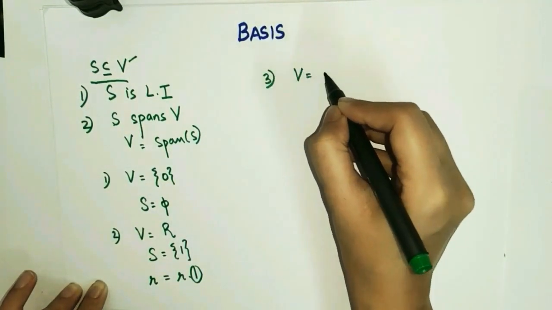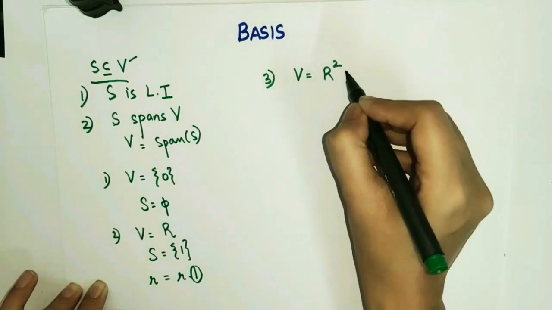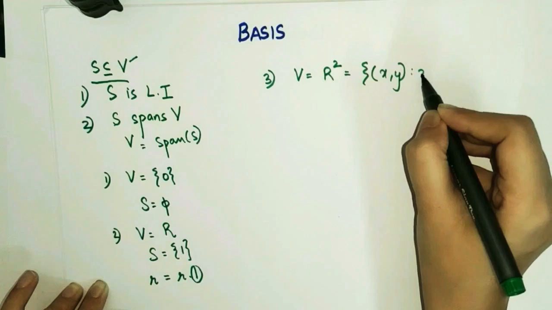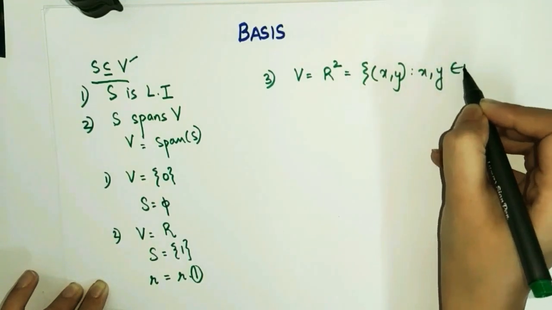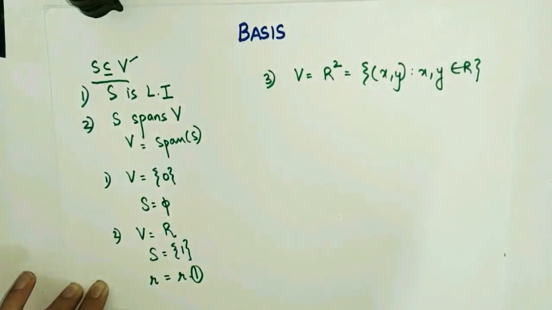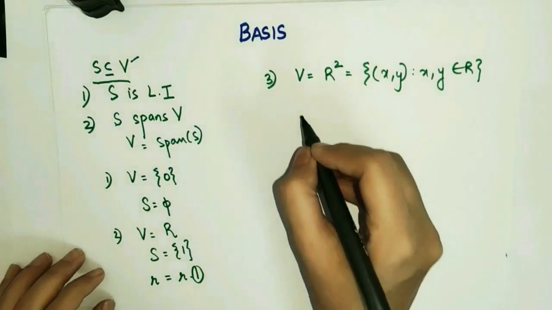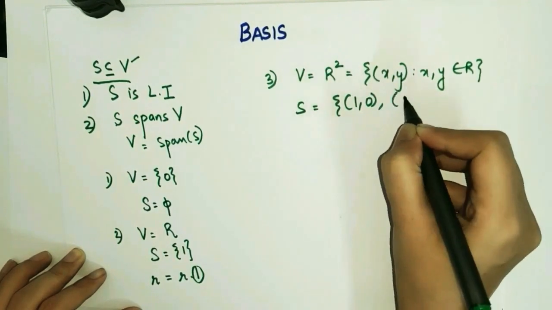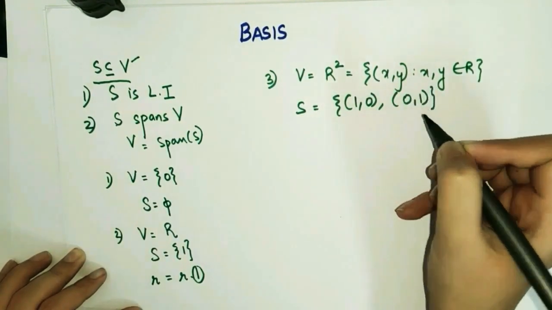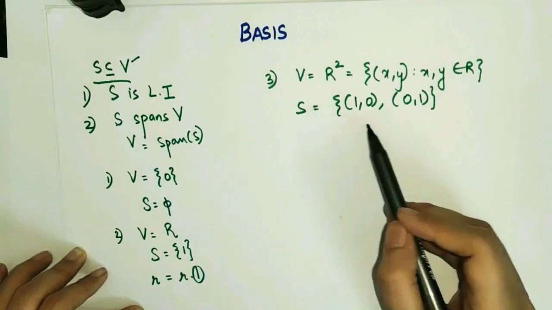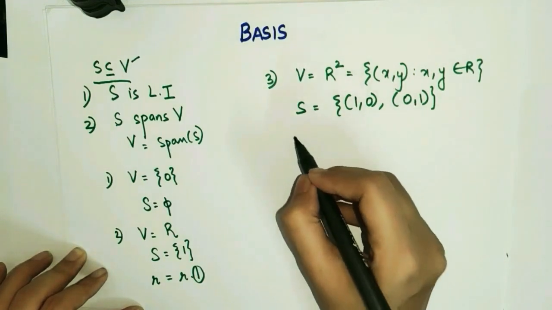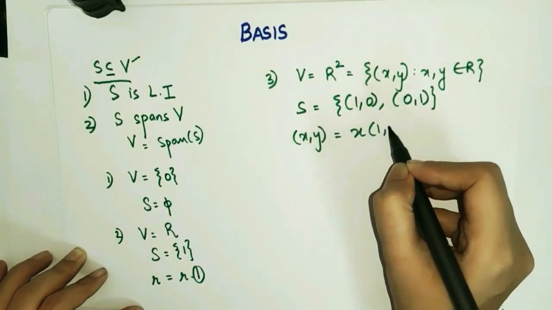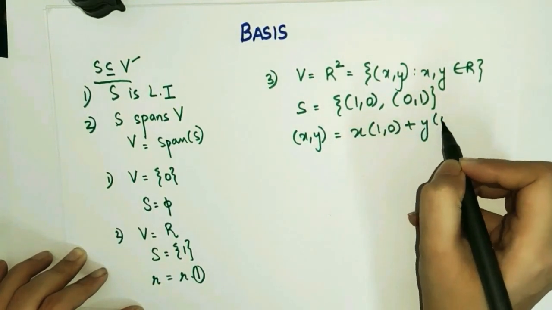If I now take V to be R2, R2 basically is the set of (x, y) where x and y are reals. Let us take my set S to be {(1, 0), (0, 1)}. Then obviously this set S is linearly independent. Also, any (x, y) can be written as x times (1, 0) plus y times (0, 1).